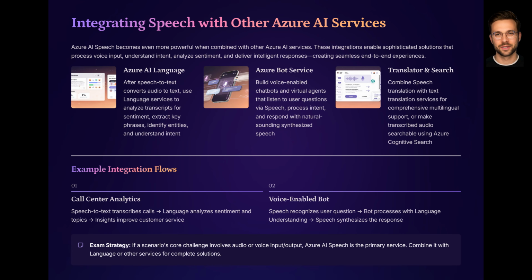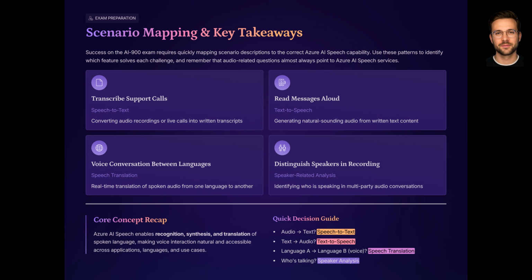Let's walk through a few example scenarios to solidify the mapping. Scenario 1. A company wants to generate transcripts for all customer support calls so they can analyze them later. Here, the goal is to convert recorded audio into written text. The correct capability is speech-to-text. Scenario 2. An accessibility feature should read chats and notifications aloud to users. In this case, the input is text and the output is spoken audio.